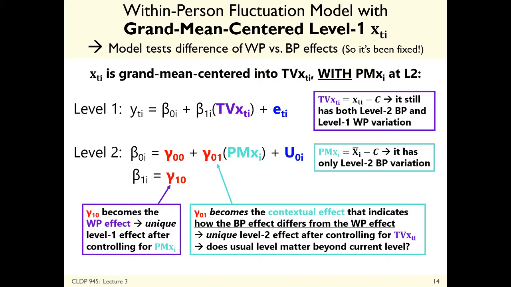So a way that we might approximate that is to also include school mean SES as a way of talking about the context in which you go to school. So if you want to know what the incremental effect of going to a good school is after controlling for how rich a given kid is, this is your model.